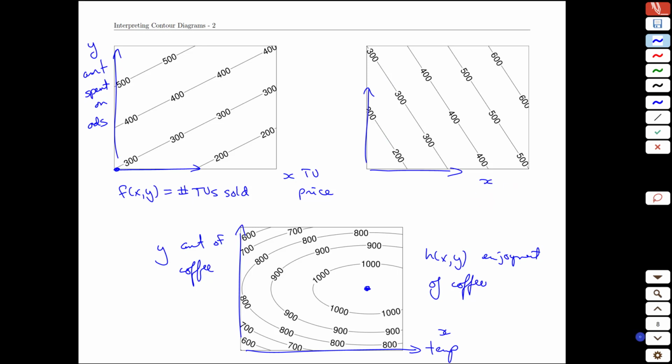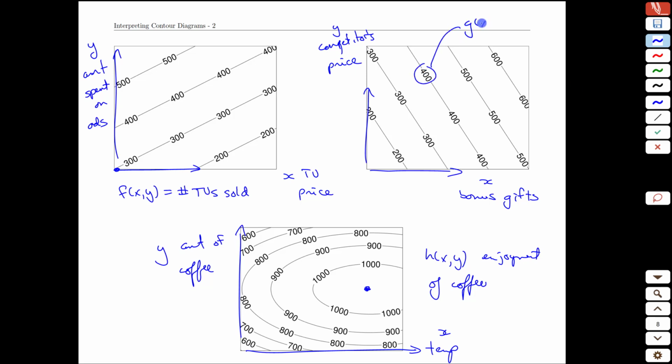So x in this graph would nicely represent the bonus gifts. y would represent the competitor's price. And the values inside the contours themselves, the labels on the contours, represent g of xy, which is the amount of gas sold. And there we go.